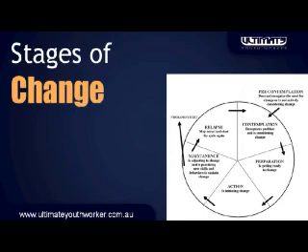So let's look at the model again. And as you can see, we start off in the top right hand area, the pre-contemplation stage. This is where our young people have not even thought about changing. It's not even on their radar, whether that's changing relationships or stopping using some form of substance.